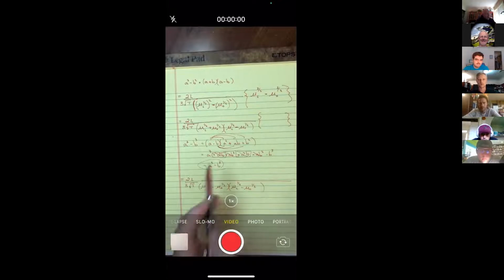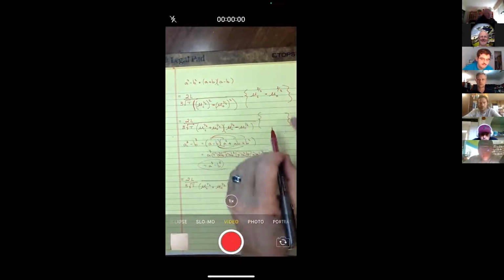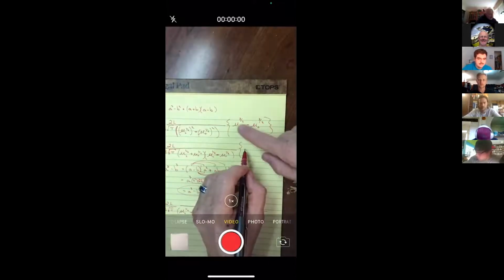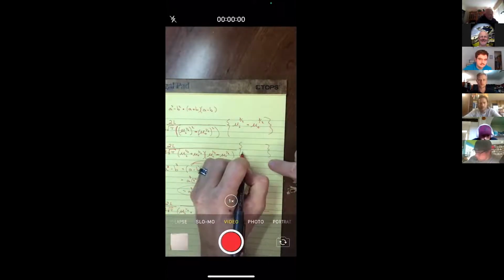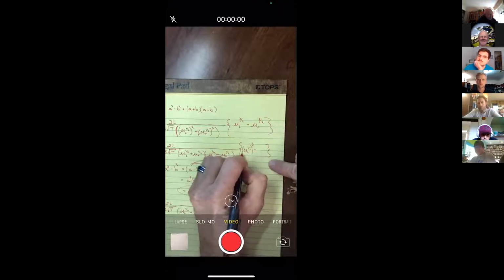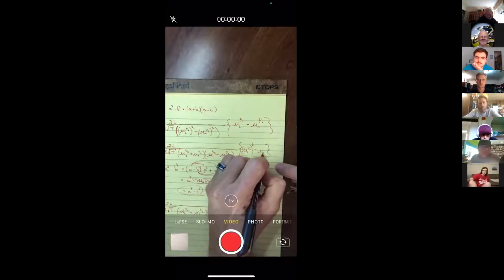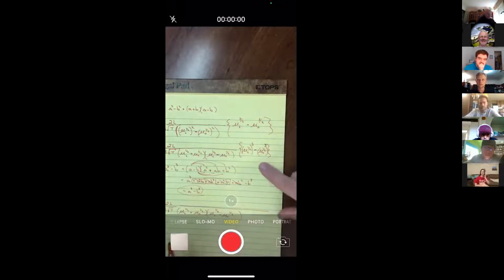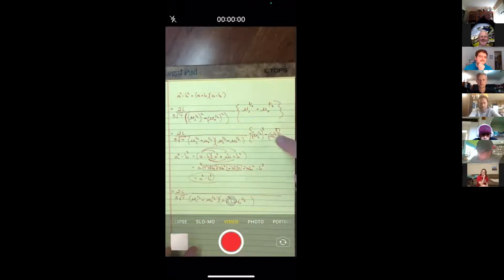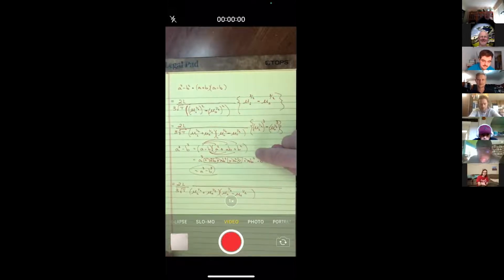Okay, so that's writing the bottom as a difference between two squares. But what I'm trying to point out, and now I can fill this in, is I could have written this top here as the difference of two cubes. And then use this algebraic identity to write it out.